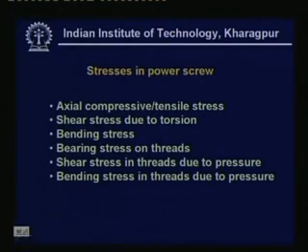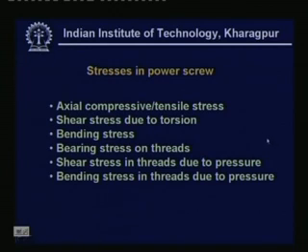Then comes the shear stress due to torsion. Here we have two sources of shear stress: one is the torsion required to overcome the friction resistance, and that occurs only in the thread between the nut and the screw.